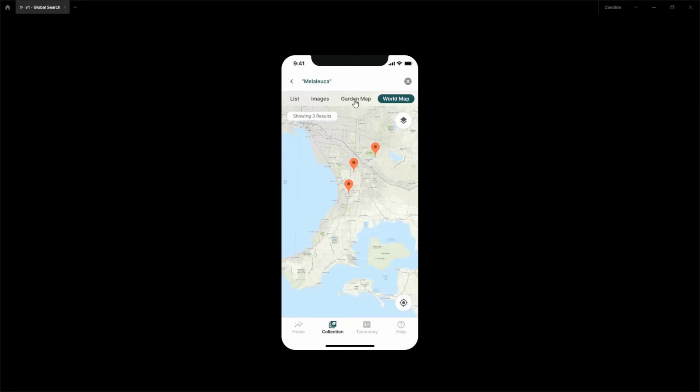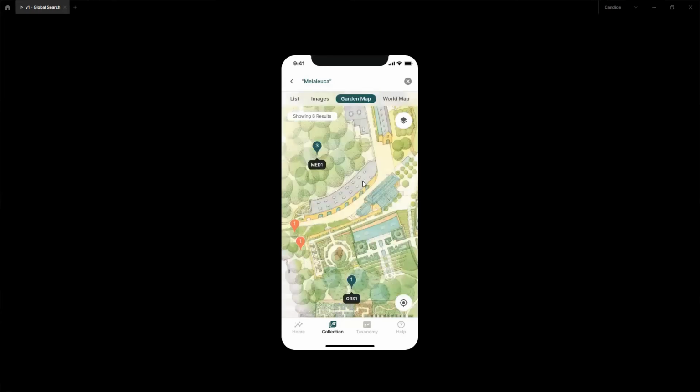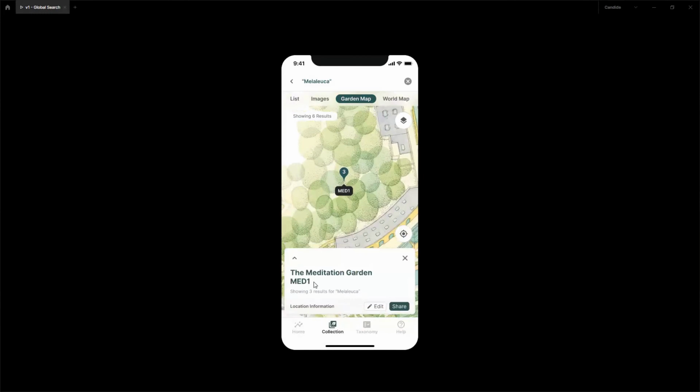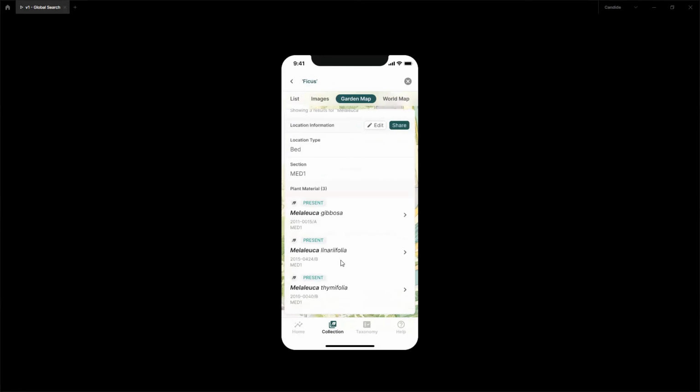And the nice thing with this is that I'm looking at the same Melaleucas with 4 different viewpoints. When I look at the map, I can then start discovering further. I can click on these 3 in the meditation garden, and then I can explore that. So you get an entry point into your collection data from all these 4 points.